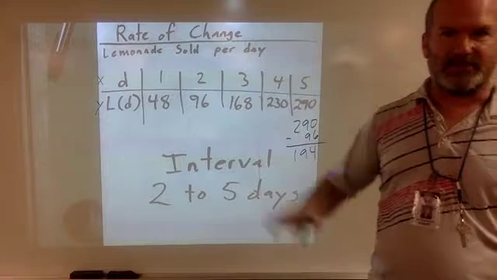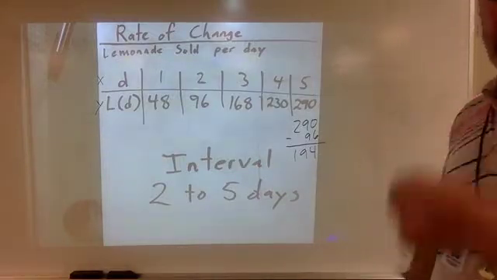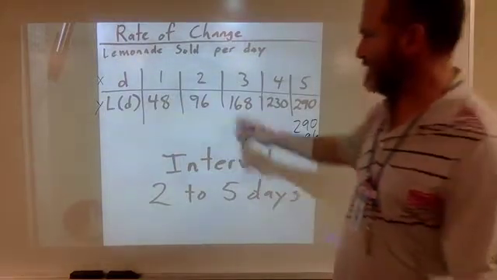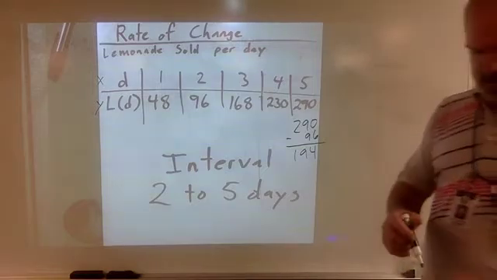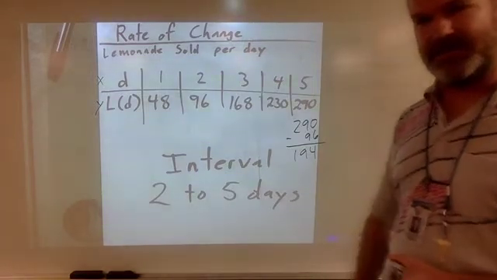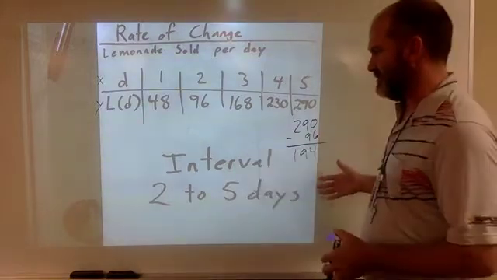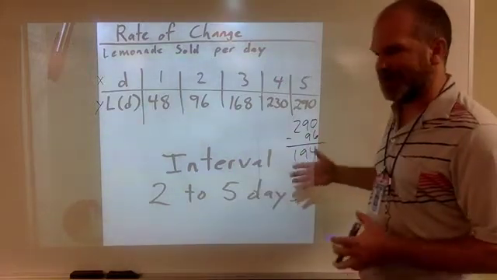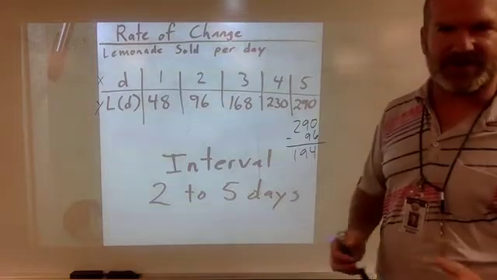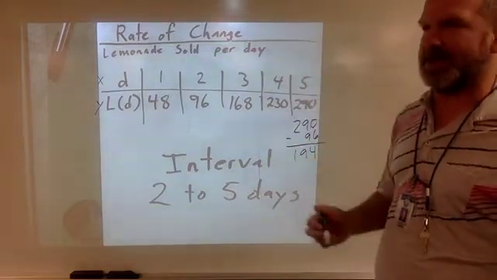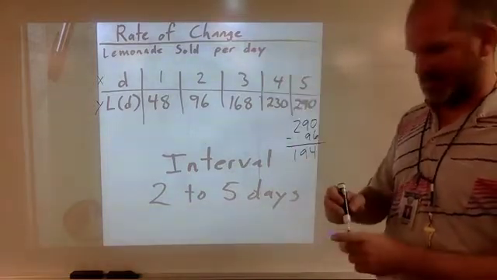And people are going to say that 194, that's my answer. I sold 194 cups of lemonade from day 2 to day 5. Well, that's true. You may have sold 194 cups of lemonade and think that you're rich, but that's not the answer to the problem. That's not the rate of change because it's not a fraction. You got to have Y over X, L of D over D.